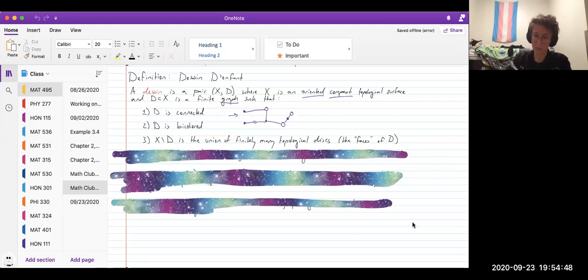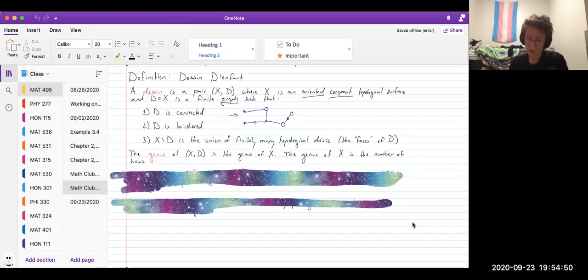Now, one important definition to keep in mind is the genus. The genus is going to be a very important feature of both the dessins and the surface of the dessin. So we define the genus of the dessin to be the same as the genus of X. And what's the genus of X?